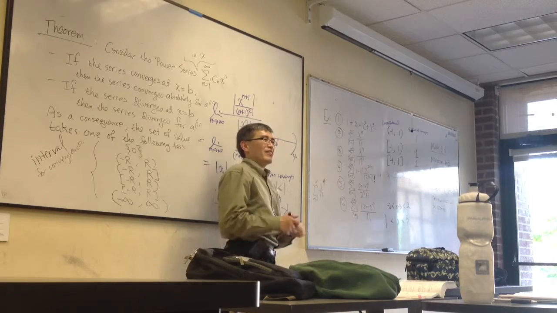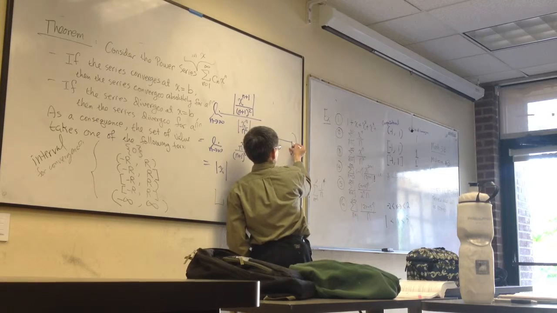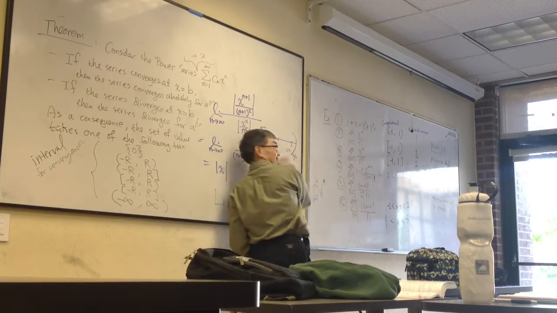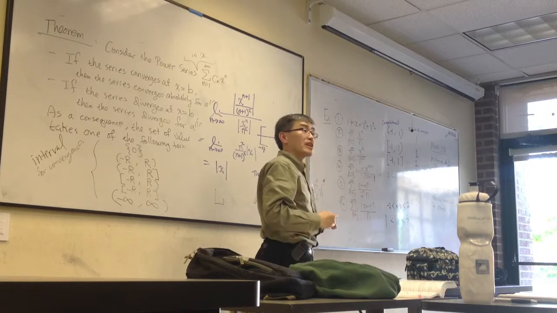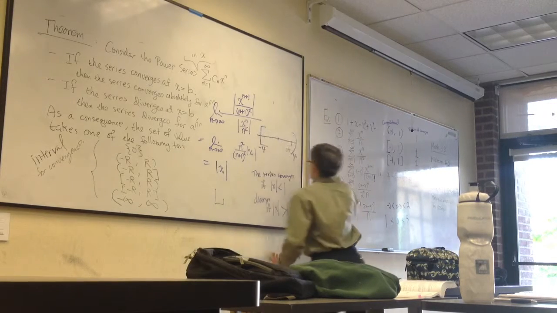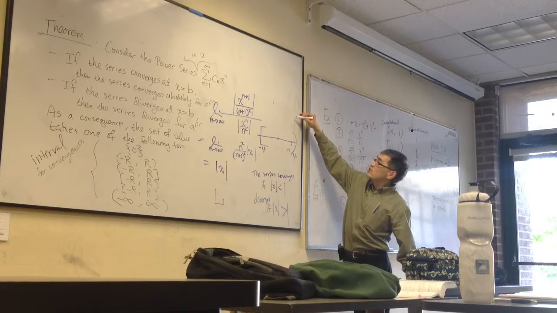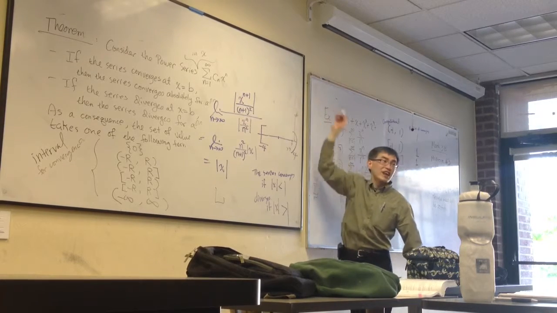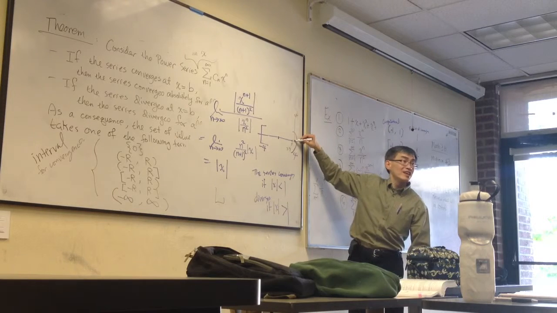Really? That's because of this. Let's say no matter how close you are, for example, here is, say, 3.9. Fairly close. Then I say, well, it's very close to 4, but it's not at 4. Therefore, may I pick this point here, which is 3.95? Now, this 3.95 is still within the interval of convergence.